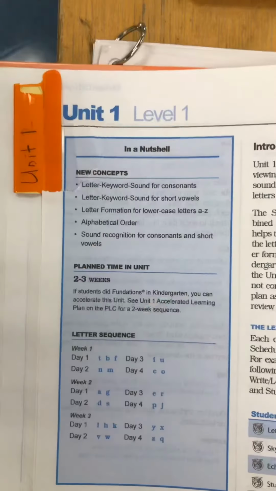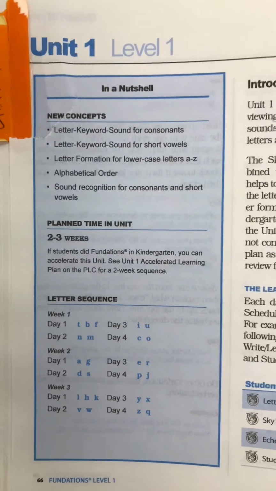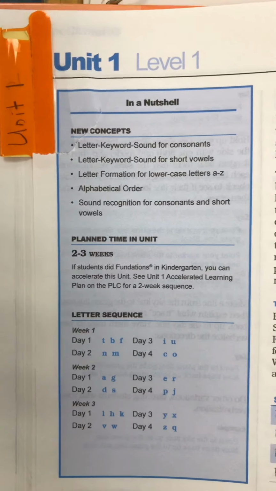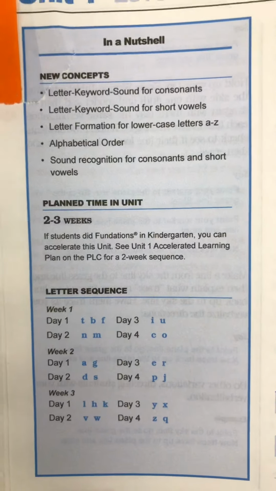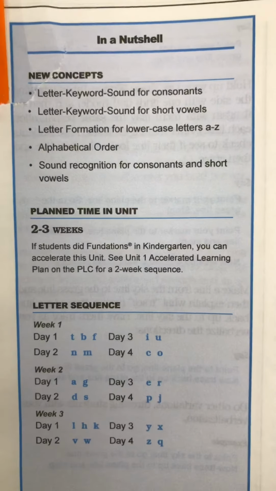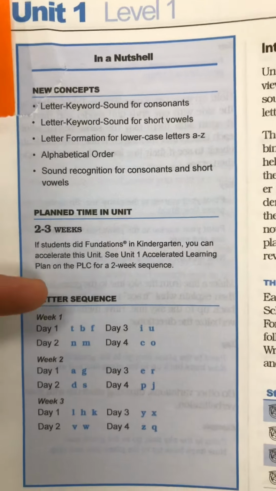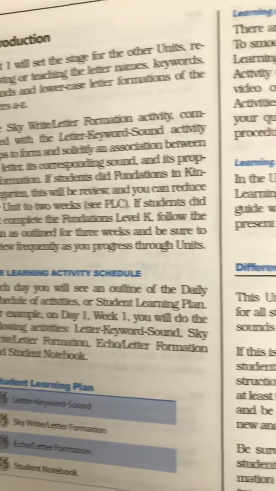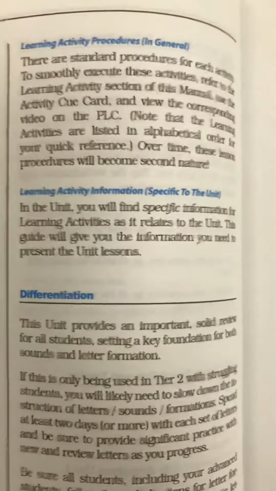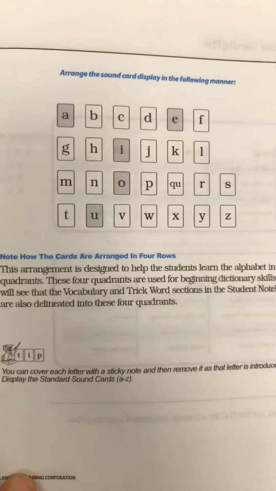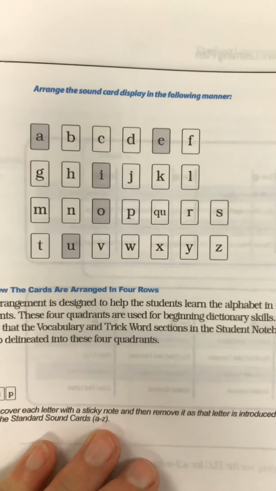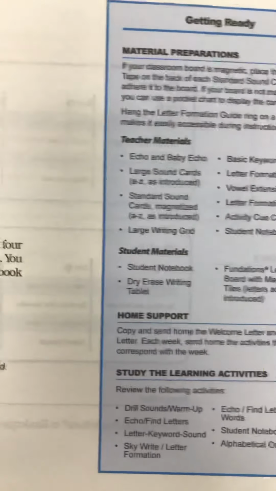So anyway, as I mentioned before, it is a scripted program. This is a first grade manual, but Unit 1, Level 1, it talks to you about, in a nutshell, the whole unit. This is what you're going to cover, how long it should take, and what you're covering on certain days. It gives you an introduction to the unit. Procedures: this is how your letters should be set up at this point, getting ready to teach Unit 1, because they've already learned those in kindergarten.